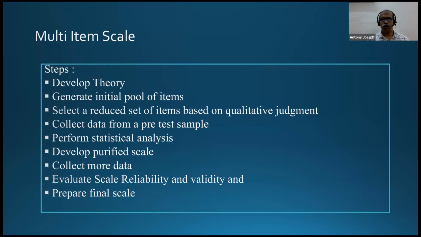So the services of somebody who is an expert in the field in which you are doing research are to be taken, so that you will be able to come up with a scale with a reduced number of statements.